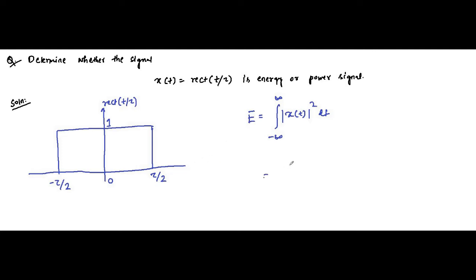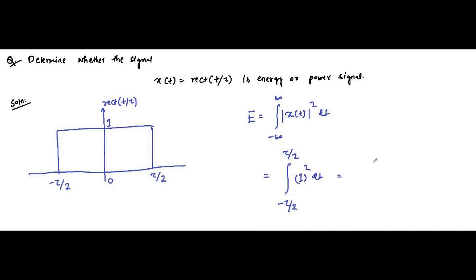So we'll change the limits of integration from minus tau by 2 to tau by 2. In between that, the value of the function is equal to 1, squared, dt. Everywhere else it is 0, that is from minus infinity to minus tau by 2, and from tau by 2 to infinity it is 0. So this is the signal.